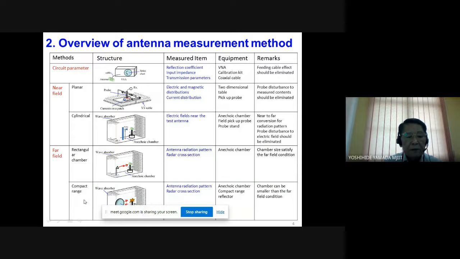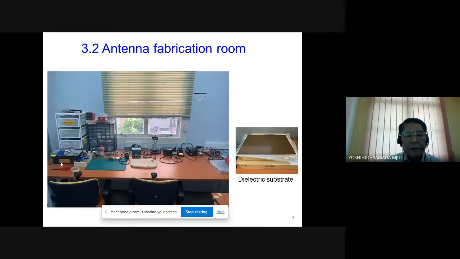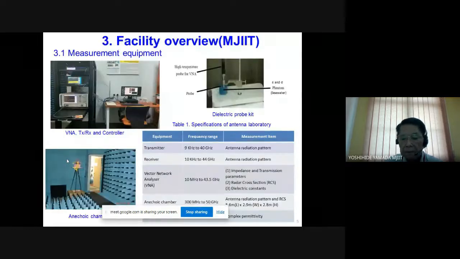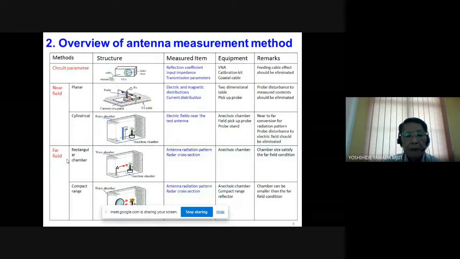The final is a compact range. This is same as this situation. However, if chamber size is not sufficient for the far field, we can achieve the far field distance by this large reflecting antenna.